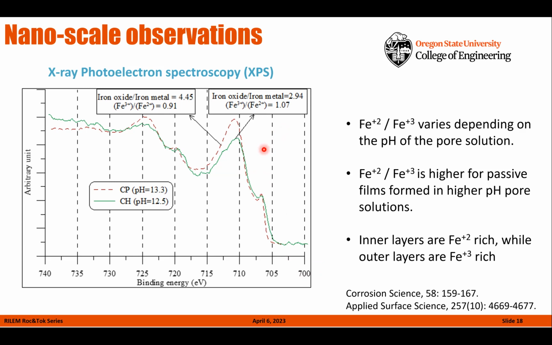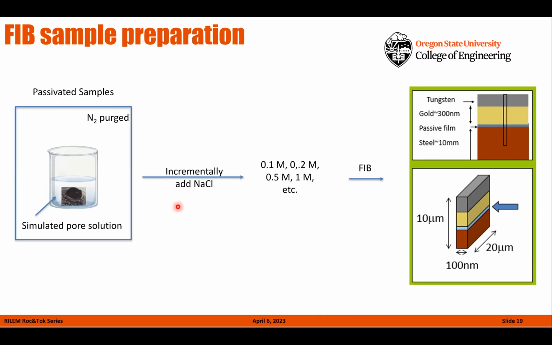In a high pH environment, let's say 13.3, the Fe2 to Fe3 ratio is higher than in a lower pH environment where the passivation occurs, let's say 12.5, and that difference in Fe2 to Fe3 helps us make an observation that this quantity is well correlated with the protectiveness of the passive film.